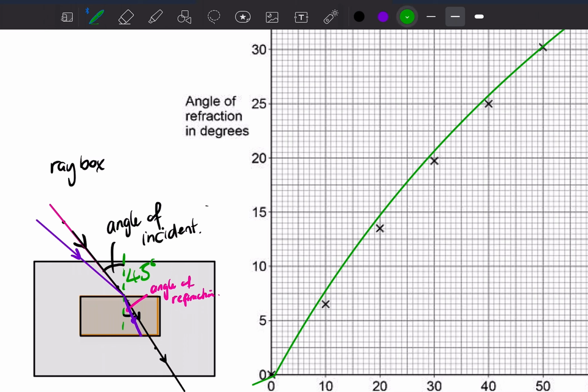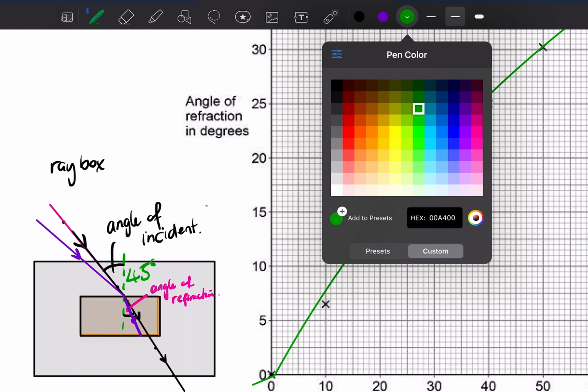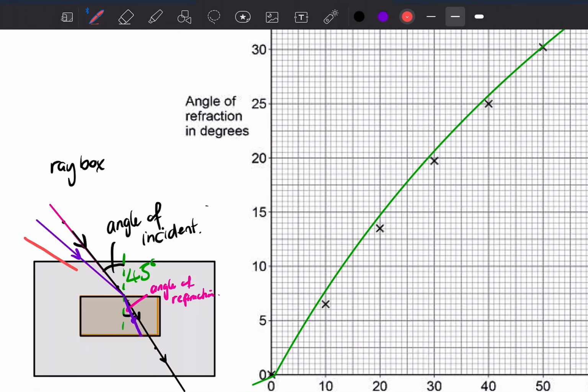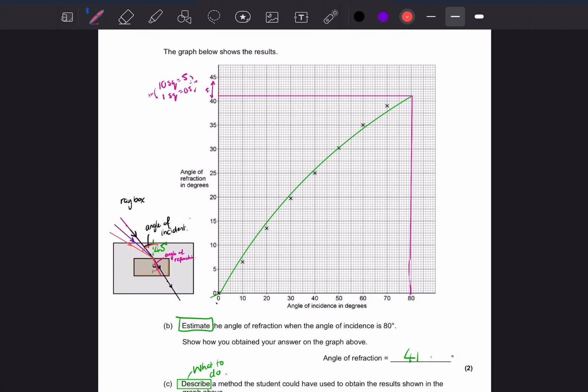Then you would do it again at another angle coming in, which is a red line, and you would just keep doing that. You would keep getting different angles of incidence from your normal line and different angles of refraction from your normal line, and you just plot them on a graph, and you would get the results that the student did.